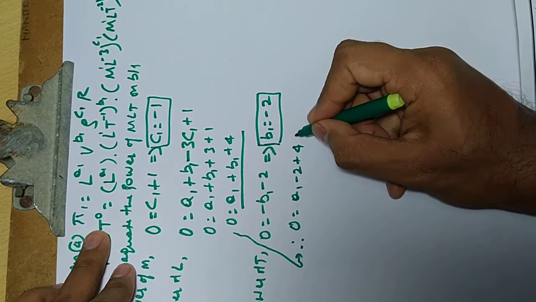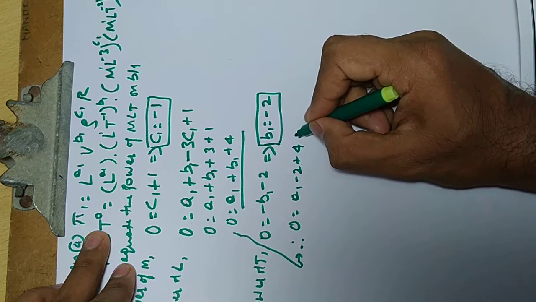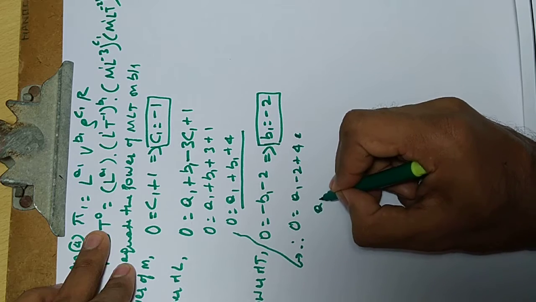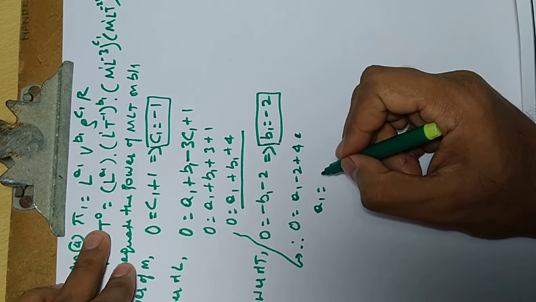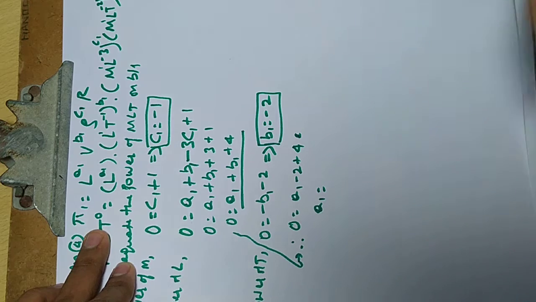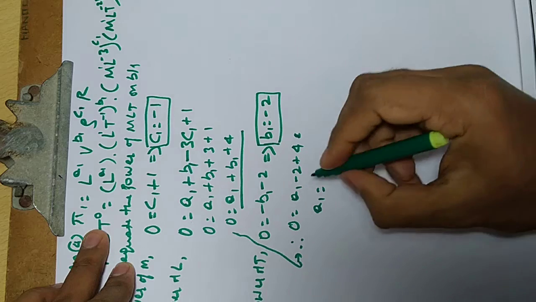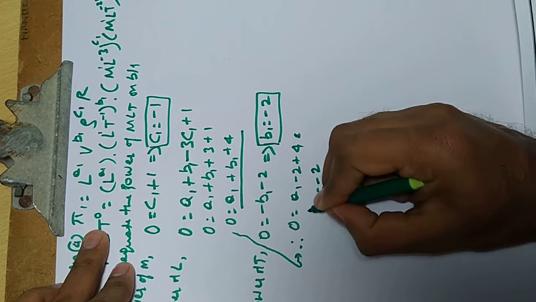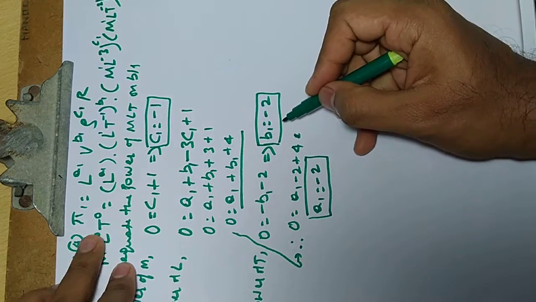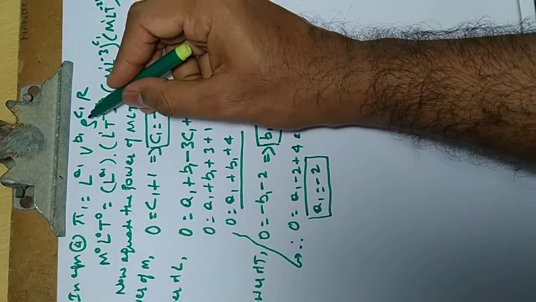A1 plus 2, or a1 is equal to minus 2. Now we found out the a1 value, b1 value, c1 value of this pi 1.